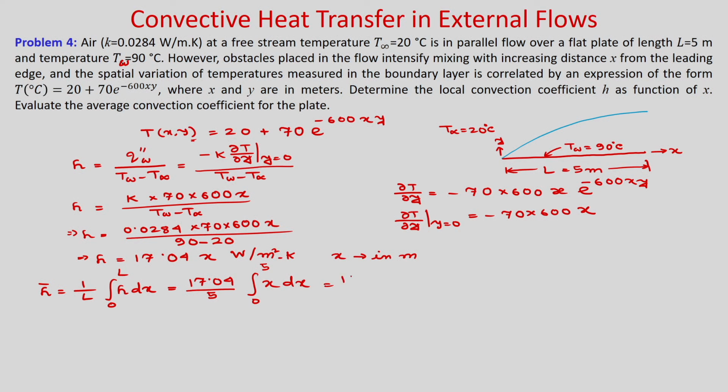So, it will be 17.04 by 5 into x square by 2, 0 to 5. So, it will be 17.04 divided by 5, and it is x square, so 5 into 5 divided by 2.